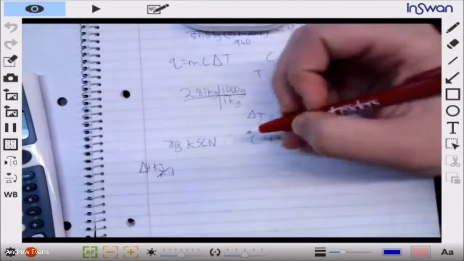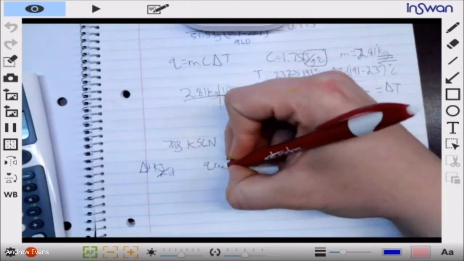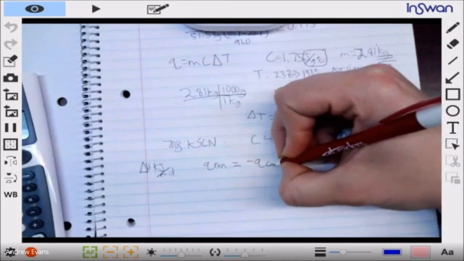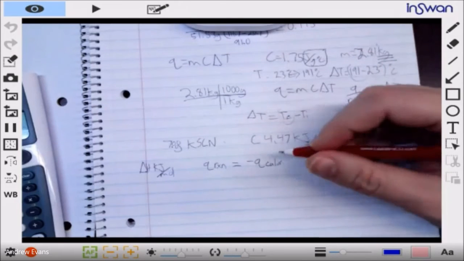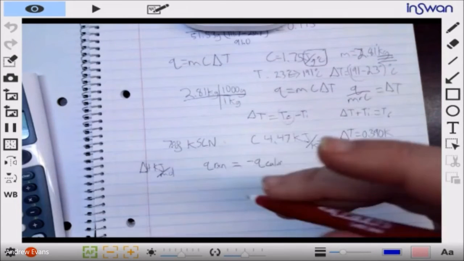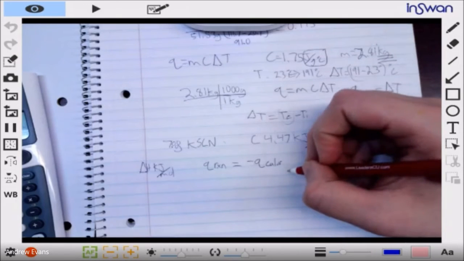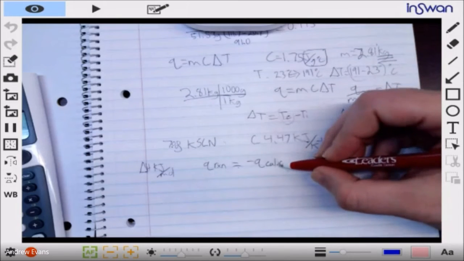The idea here is that Q of reaction is going to equal negative Q of the calorimeter. Whatever the reaction produces is absorbed by the calorimeter. So we have a negative sign.